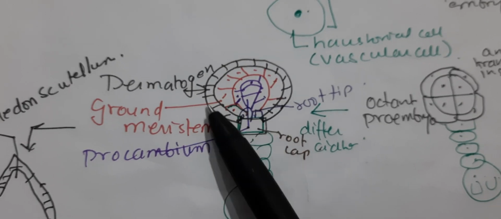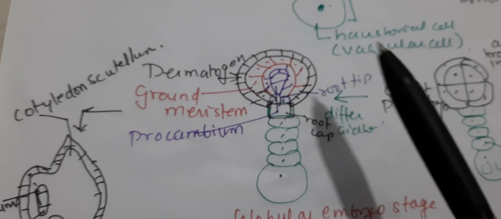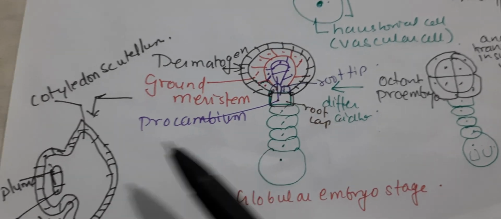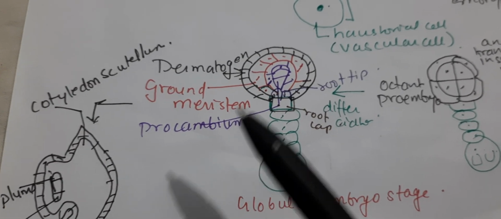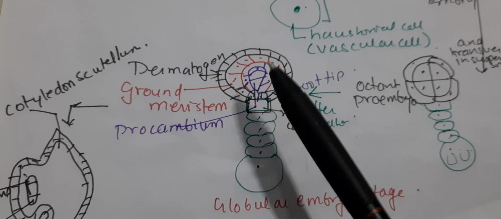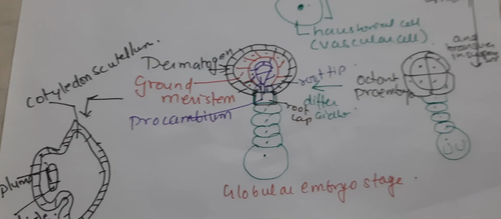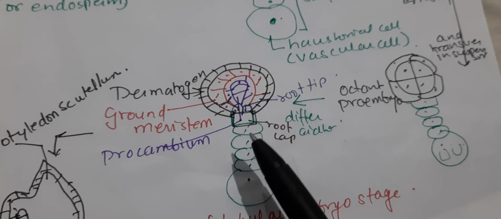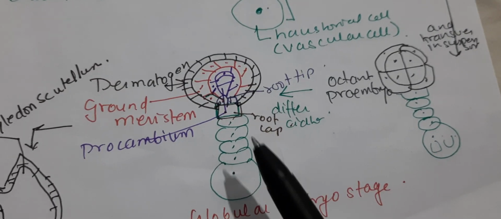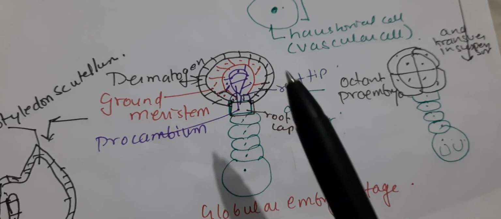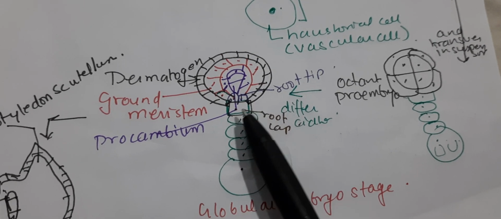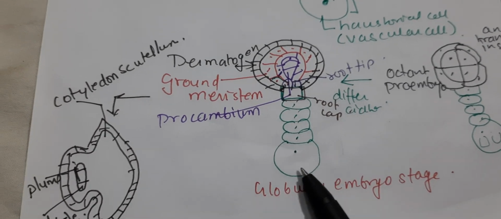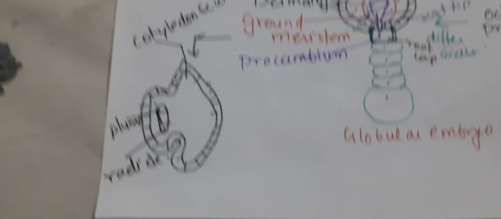The outer layer is called dermatogen, from which the epidermis forms, then the ground meristem, from where the ground tissues develop, and then the procambium, from where the xylem and phloem tissue develops later on. This is the last cell of the suspensor, this is the first cell of the suspensor, which gives rise to the root cap, and the last cell forms the haustorial or vascular cell.